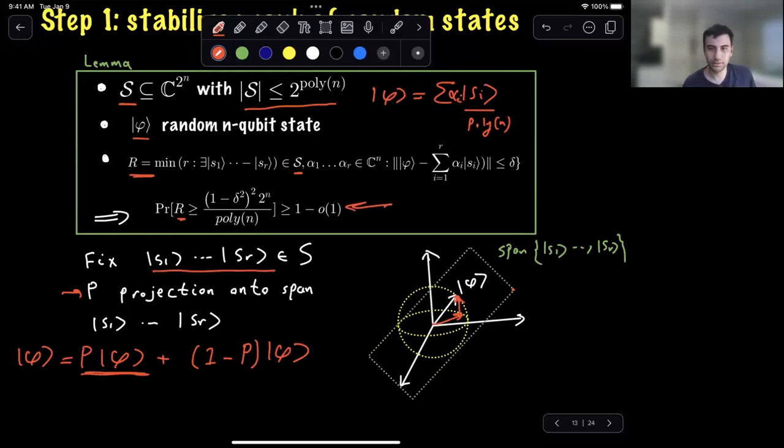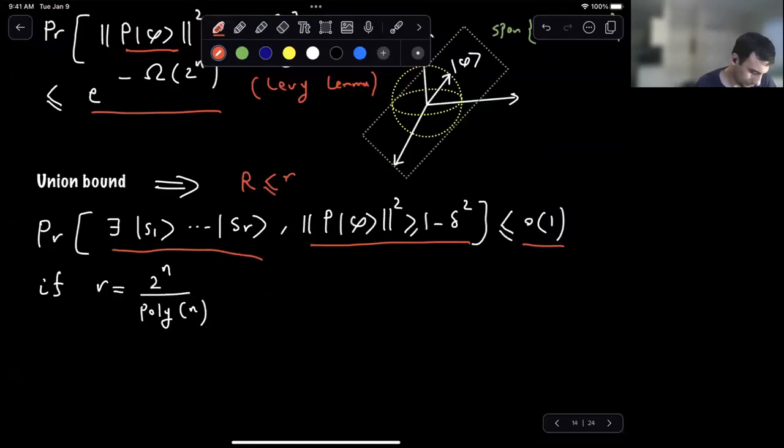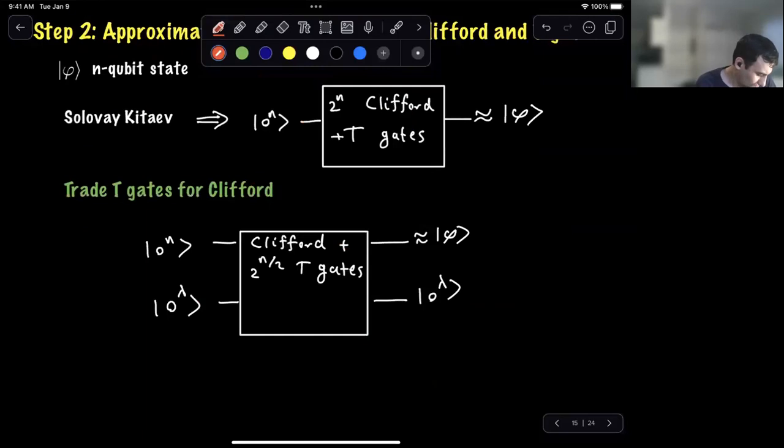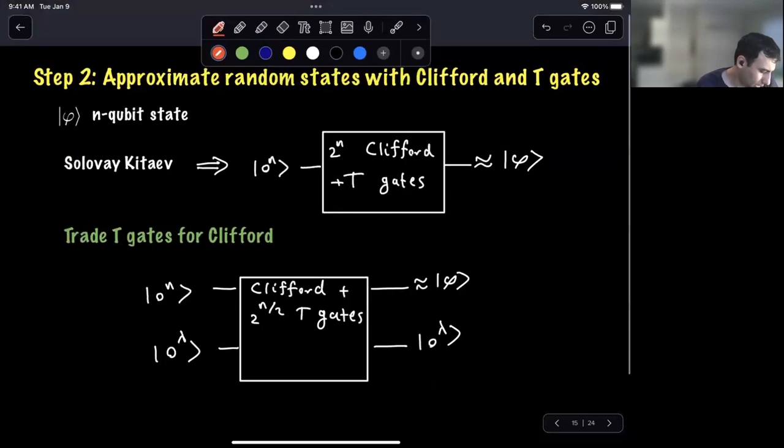Okay, this is the proof of the first step. In the second step, we need to approximate some random state with Clifford and T-gates.